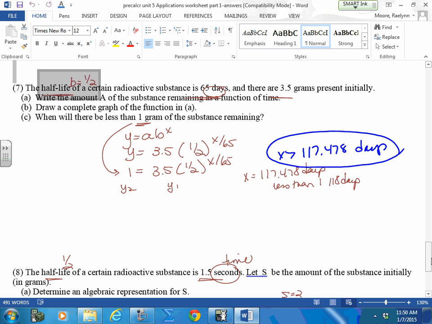If you'd rather set the other one up as an inequality, it'll work itself out that way. And you'll get your less than sign, your greater than sign in there. Good?